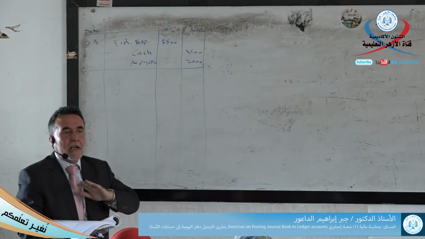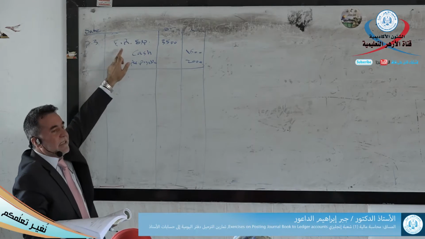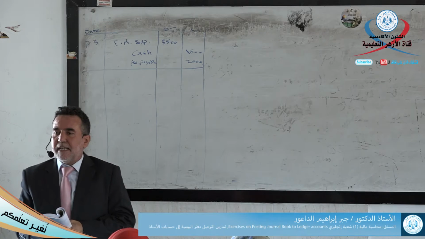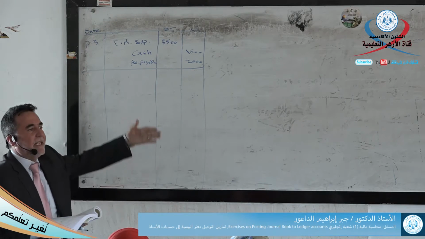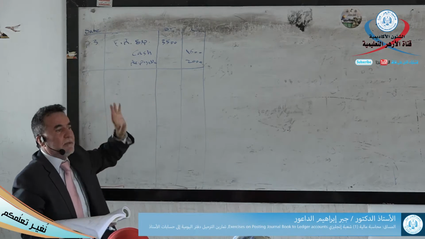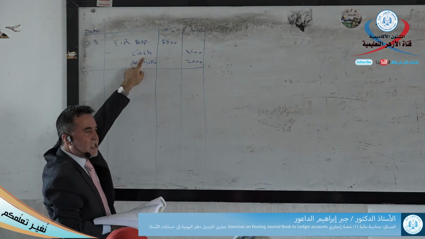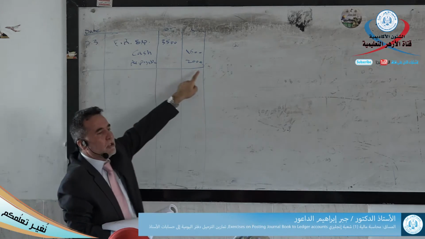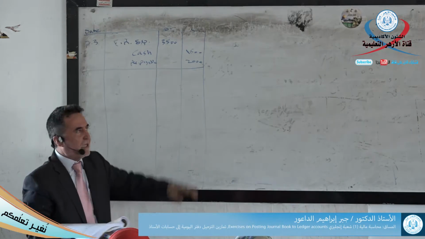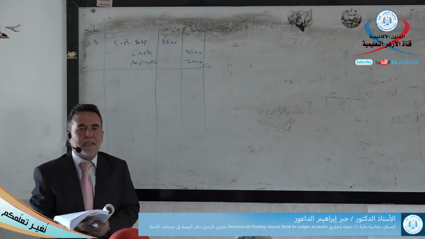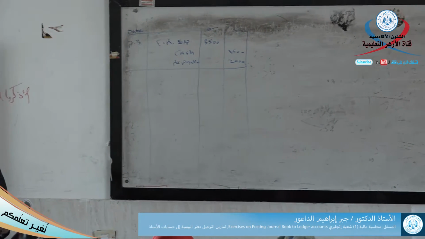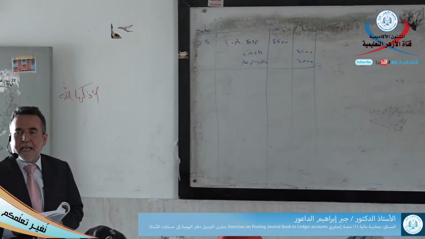So the entry will be rent expense 3,500 in debit side, and in credit side, two accounts: cash 1,500, accounts payable 2,000. So the two sides of the entry equal 3,500, 3,500. Okay?